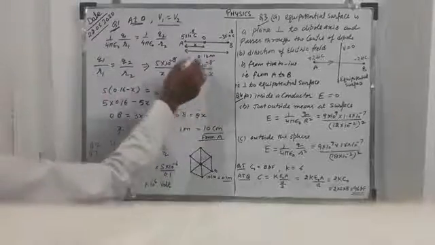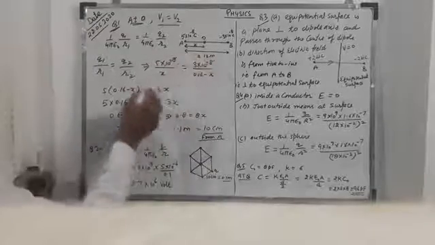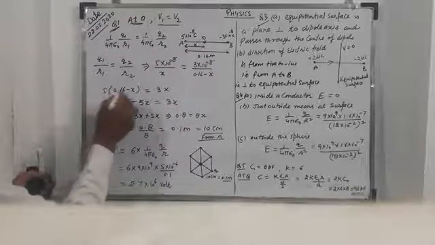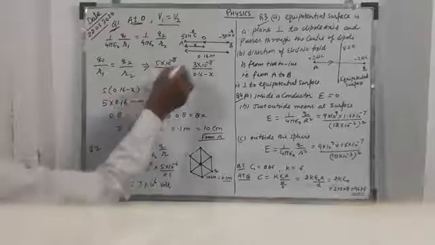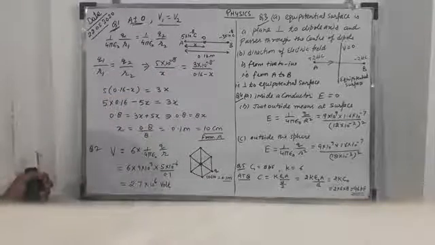We do the cross multiplication, then we get 5 into (0.16 minus x) is equal to 3x.